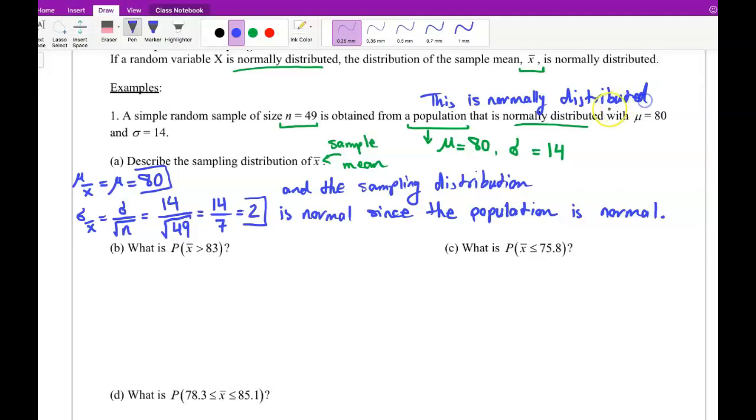This was given. See, here we have normally distributed. So that part is important, and based on that, we concluded that the sampling distribution is normal since the population is normal.